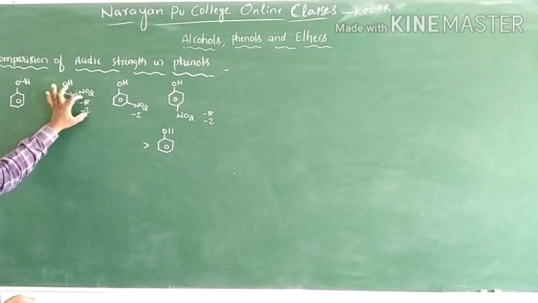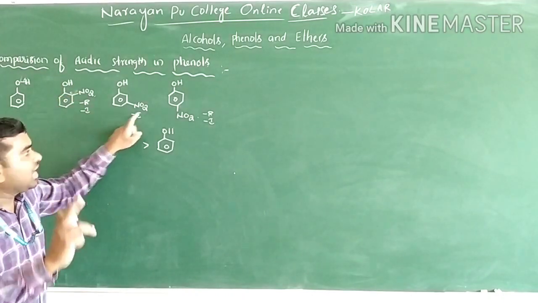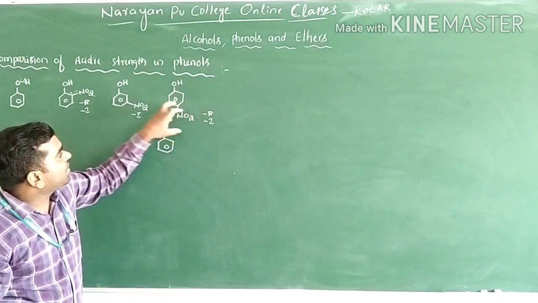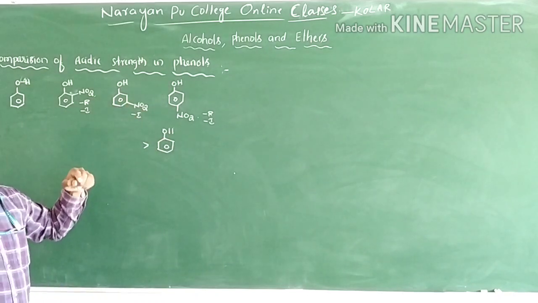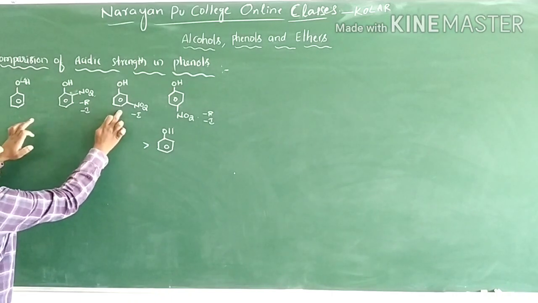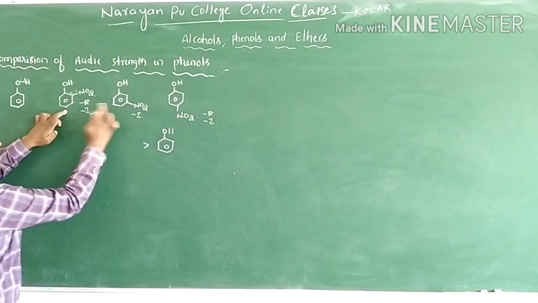So that's why two effects operate here. But here how many effects operate? Only one effect. And here also, how many effects? Two effects. Due to the two effects, the withdrawing effect, acidic nature will be more. So compared to meta, ortho and para will be more acidic than the meta.